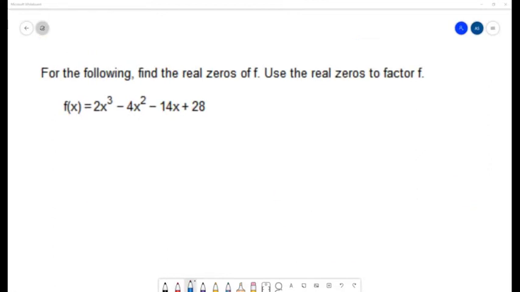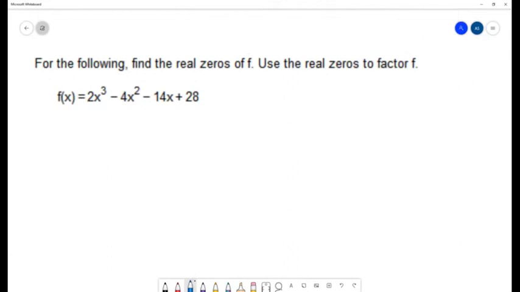So I'm going to take another approach on solving this problem. So instead of taking the route of factoring, I'm going to use the theorems that we talk about to identify the real zeros. So the first thing that I would do would be to notice that there is a common factor of 2. I'm going to factor 2 out of the whole polynomial.